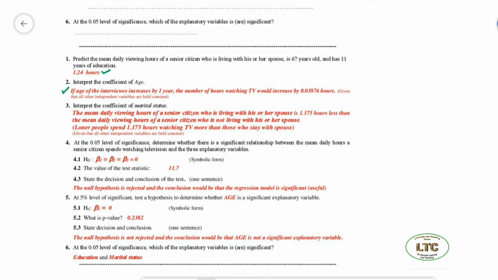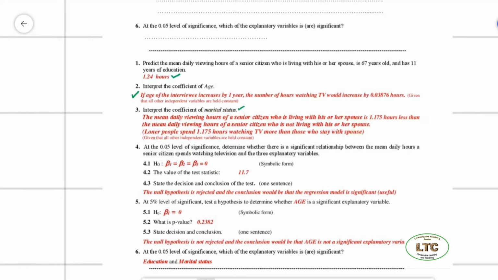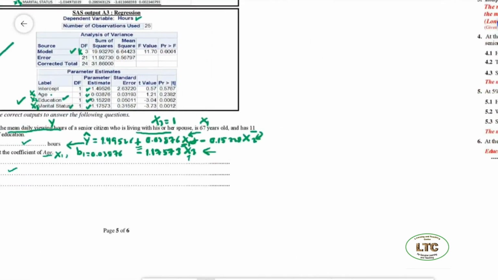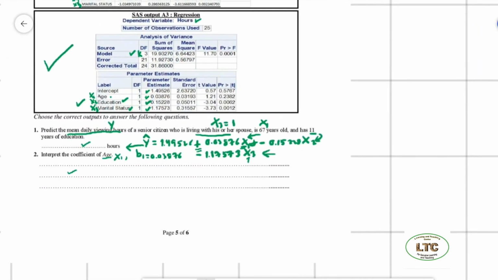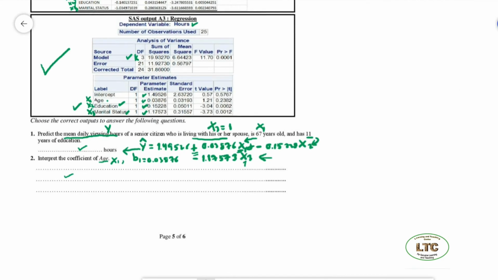Interpretation of coefficient of age. Another one is interpretation of marital status. Marital status is 0 if lives alone. Marital status is 1 if there is a spouse. Therefore, how to interpret marital status? You check in this equation.